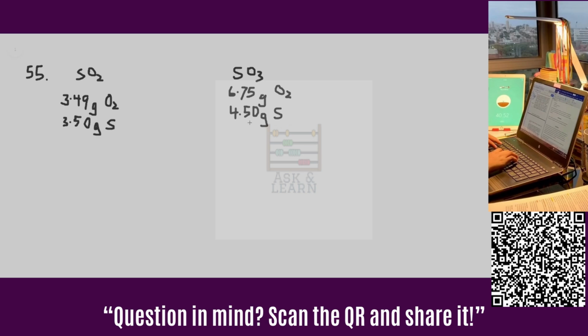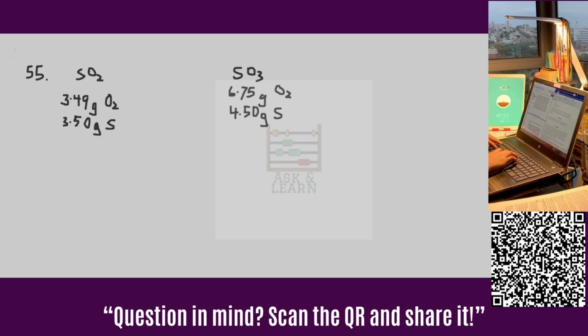So in order to solve this question, the first part is fairly easy. All we have to do is calculate the mass of oxygen per gram of sulfur. So we just take the mass of oxygen and divide that by the mass of sulfur for each of these samples.